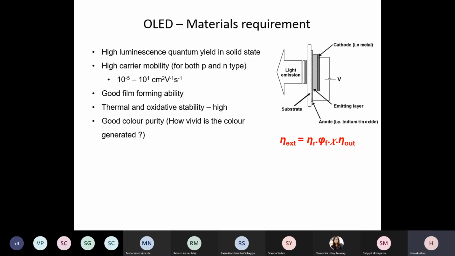So people like to have LEDs that have high color purity. So that factor comes into importance in LEDs, which never was a factor in other kinds of devices.